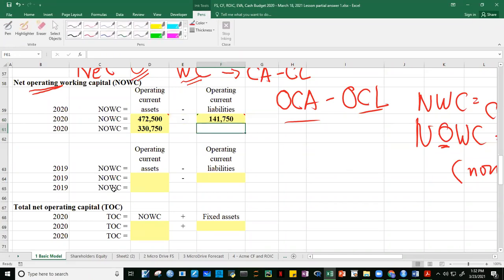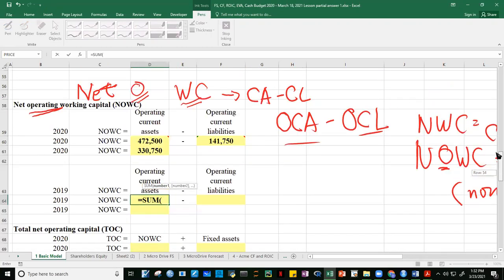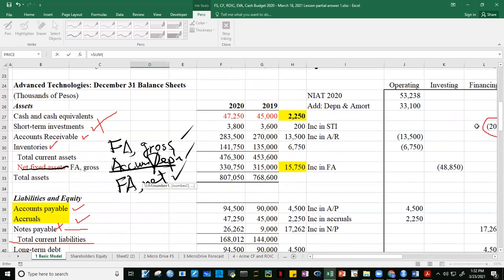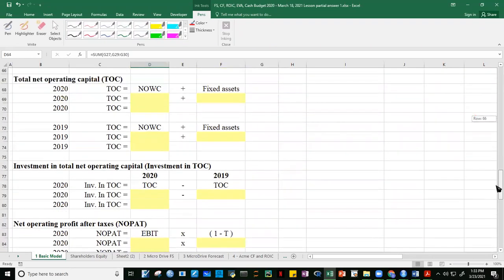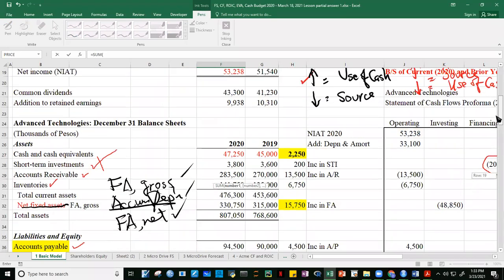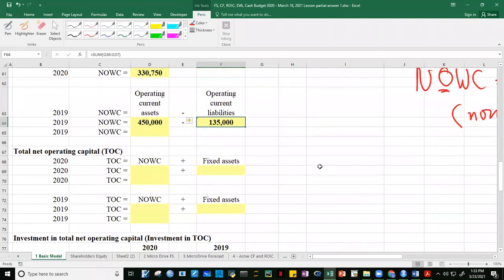And then we do the same for 2019. Of course, if we know how to do it for 2020, we should know how to do it for 2019. So for 2019, it will be the sum of this one, comma, these two. Control Enter. And this one will be equal to the sum of 2019 accounts payable and accruals.